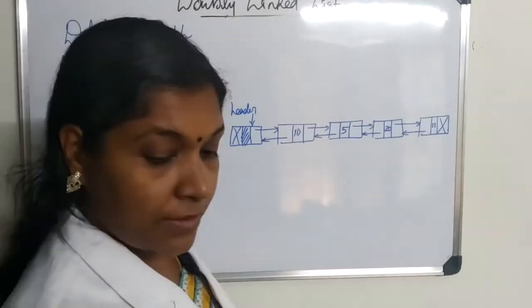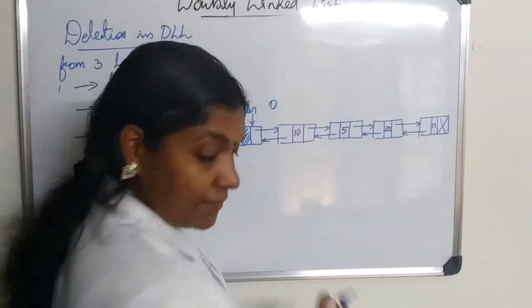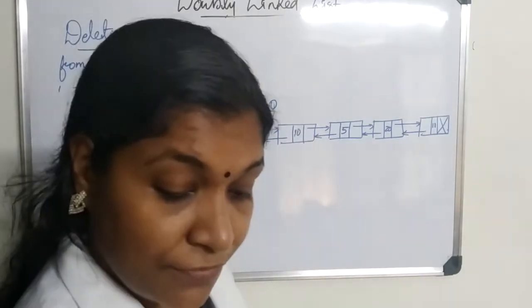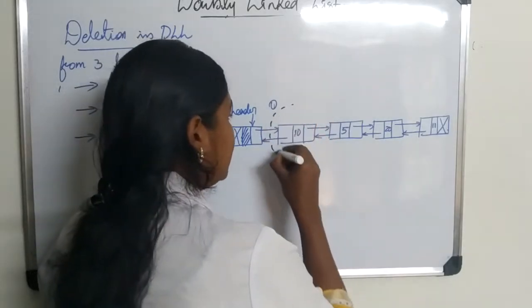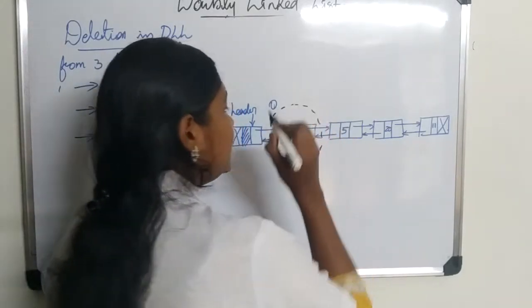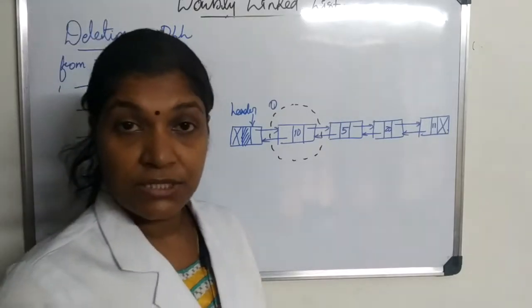In the first case, deletion from the beginning, we would be deleting the first node. This would be the node which we would be deleting in the case of deletion from beginning.